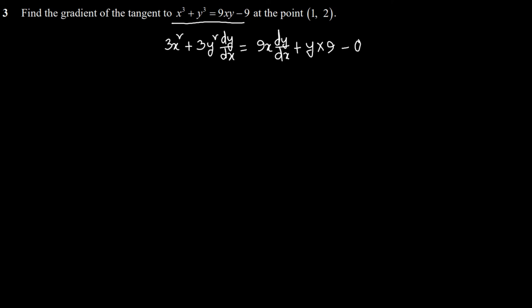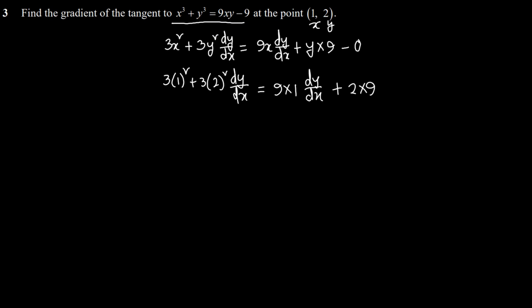Rather than making dy by dx the subject, the best way is to put the values of x and y into this equation. So if we put the value of x, which is 1, squared, plus 3y, which is 2 squared, dy by dx, and on the right side 9 into x value 1, and you can write beside it dy by dx, plus the last one is y into 9, y is 2, into 9.